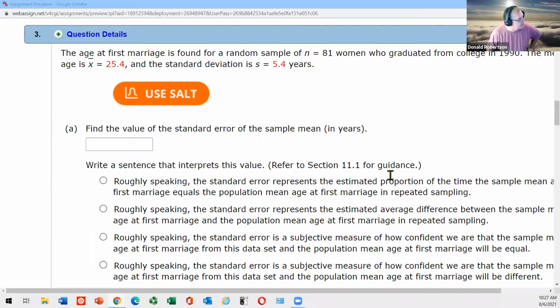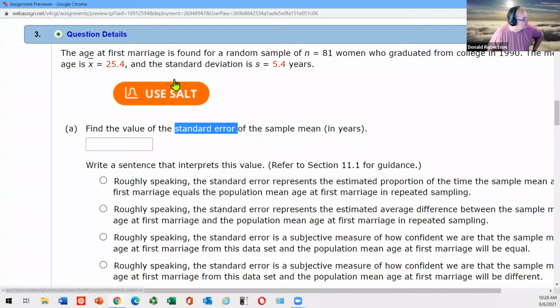So back to this question. What do we have then? Well, we have 81 women, we have a mean, and we have a standard deviation. But they want us to find the standard error. And you might think, oh, is that going to mean we do anything different? No. I'm just writing these numbers down because they're going to disappear in a second. I've got a mean, I've got a sample size, and I've got a standard deviation.